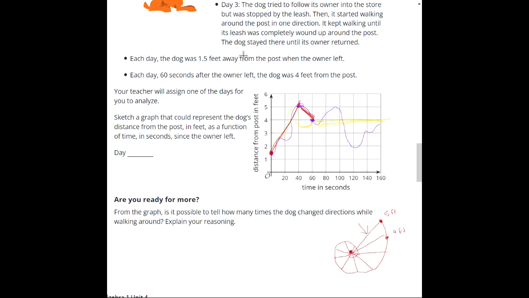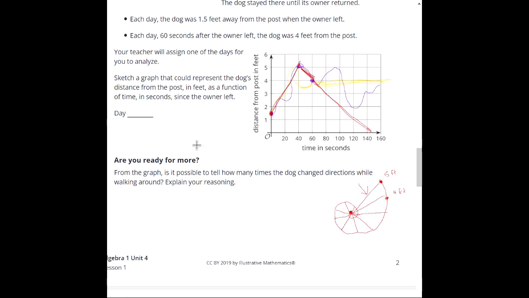So the distance away from that post steadily decreases until the dog is wrapped up right at the post. And so what that means is this is going to continue down like this, because the distance continues to decrease at a constant rate because it's getting wrapped up around that post. So this would be the way that you would visualize these different graphs.